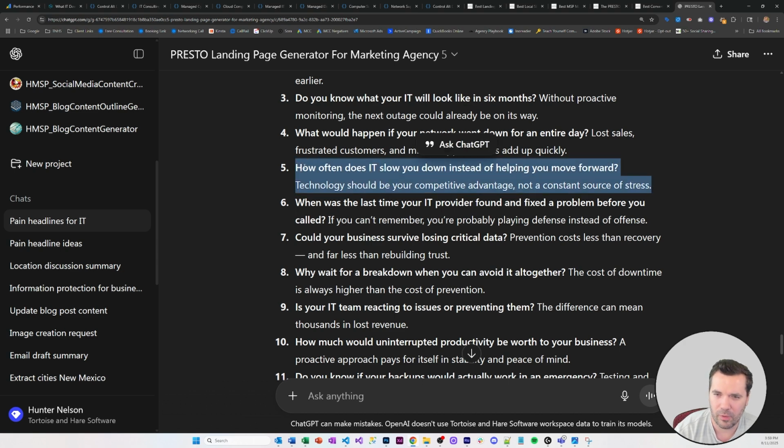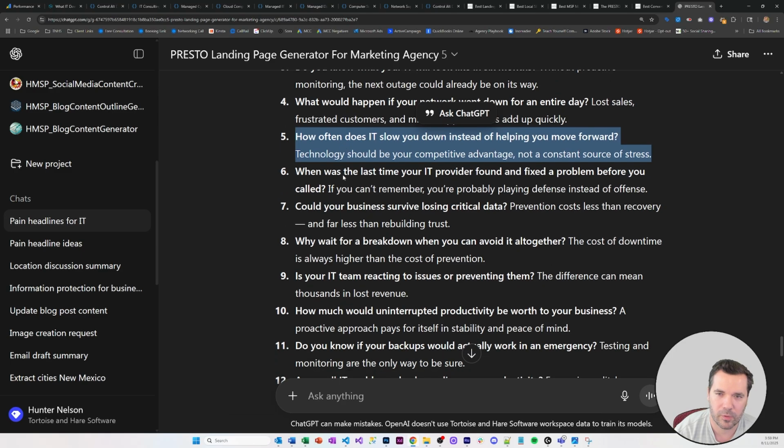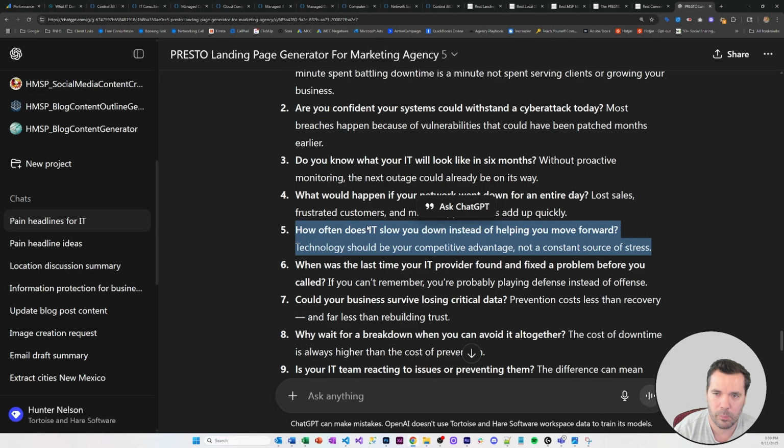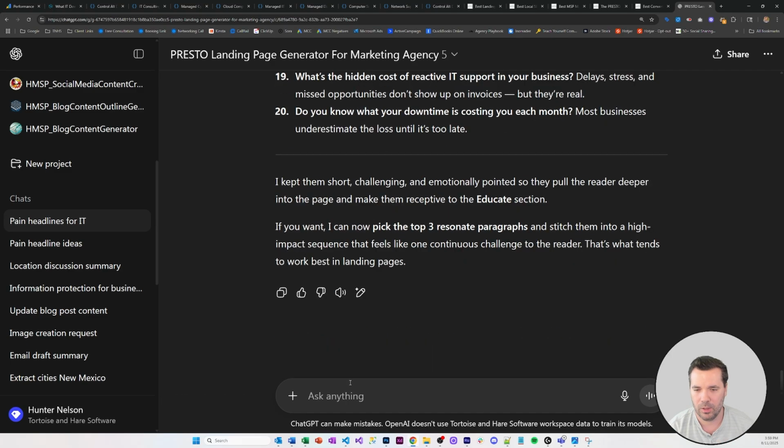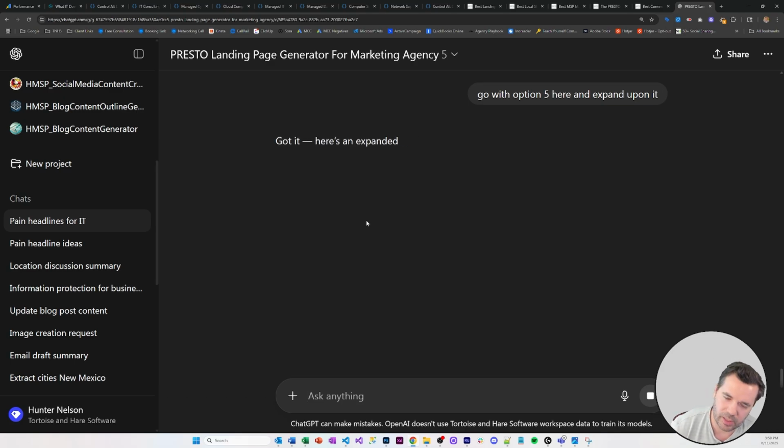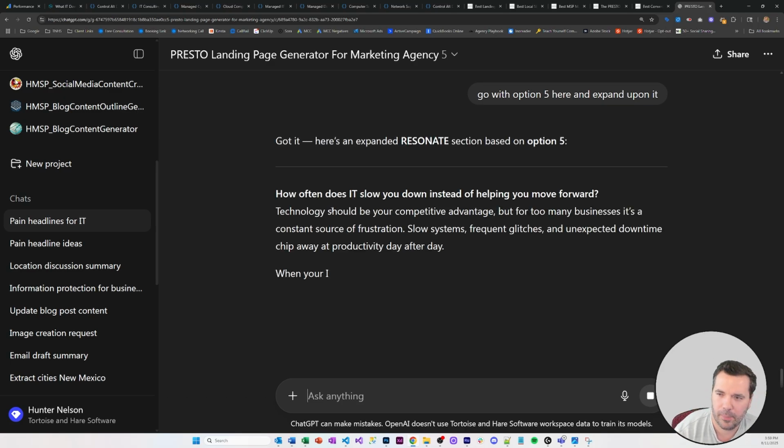So I don't actually love this one, but just for the sake of brevity, we're gonna go with option 5 here and see if we can tweak it to get a serviceable resonate paragraph out. So I'm just gonna say go with option 5 here and expand upon it.